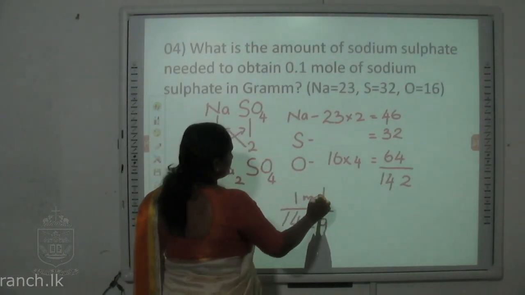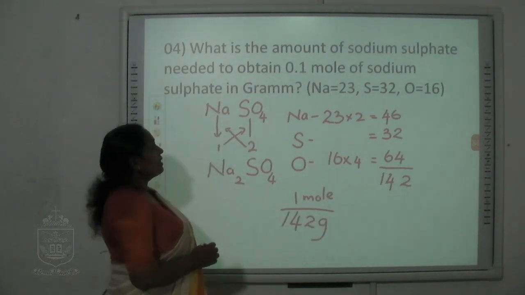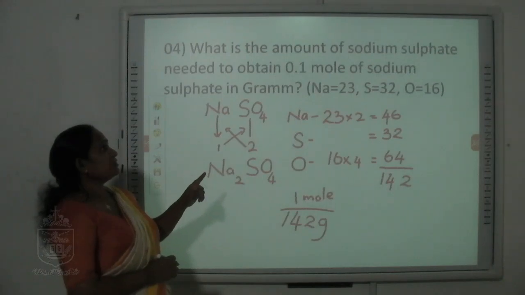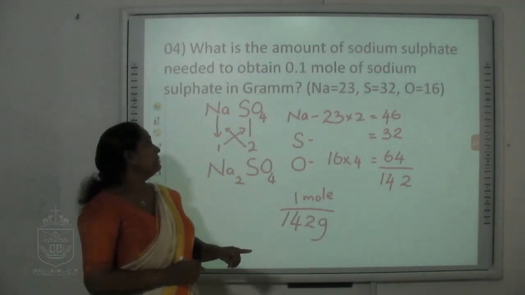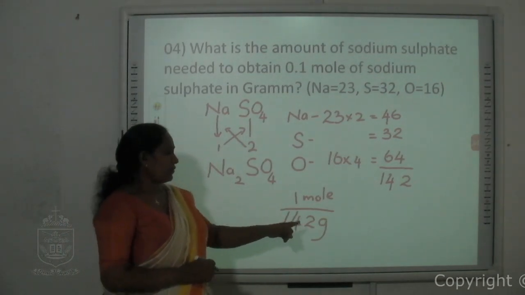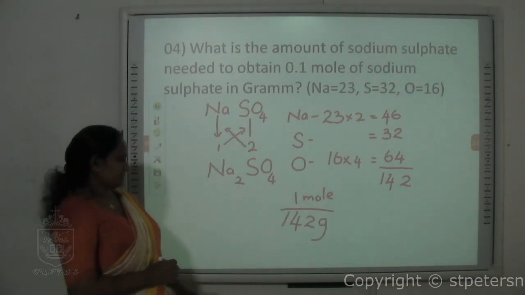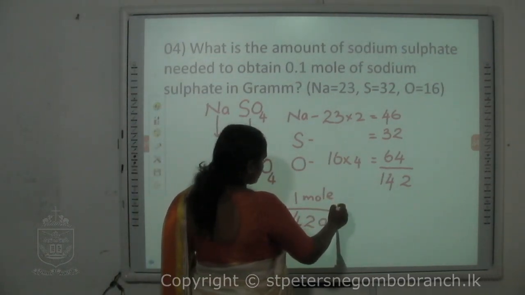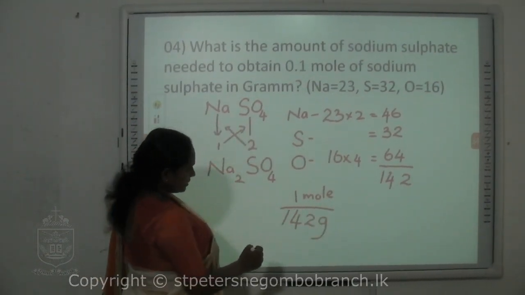Right? 1 mole. What is the amount of sodium sulfate needed to obtain 0.1 mole of sodium sulfate in grams? Right? In 142 grams, 1 mole is there. Then to obtain 0.1.